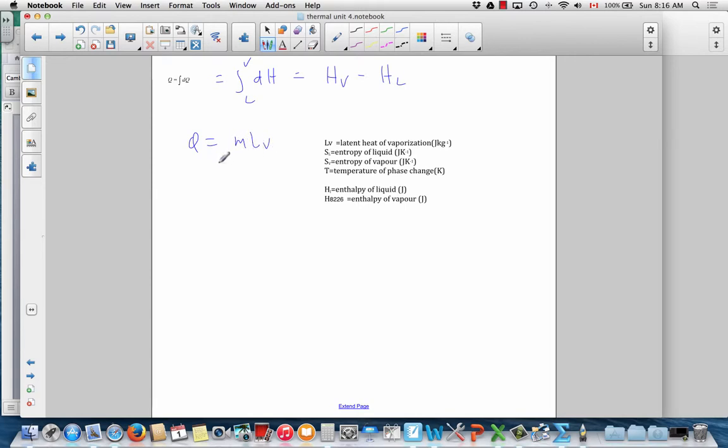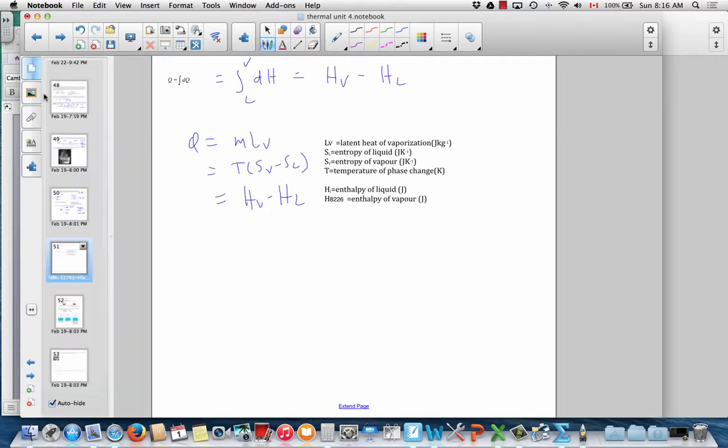I'm looking at vaporization. This would be true for fusion as well. But because we're going to focus on vapor pressure for a bit, I'm dealing with the liquid to gas phase change in these equations. So it's m times L, it's T times the entropy change, or it's the change in enthalpy.